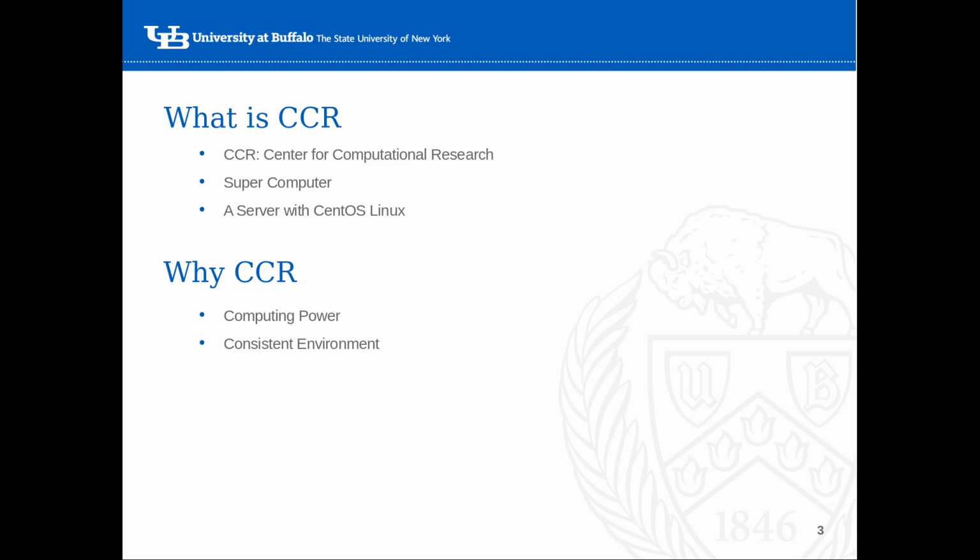The second one is that it has a consistent environment, which means there's a bunch of people doing regular maintenance for the whole system. The third one is that it's very easy to access. As long as you have internet and you can connect to the UB network through the VPN, then you can use this CCR system.